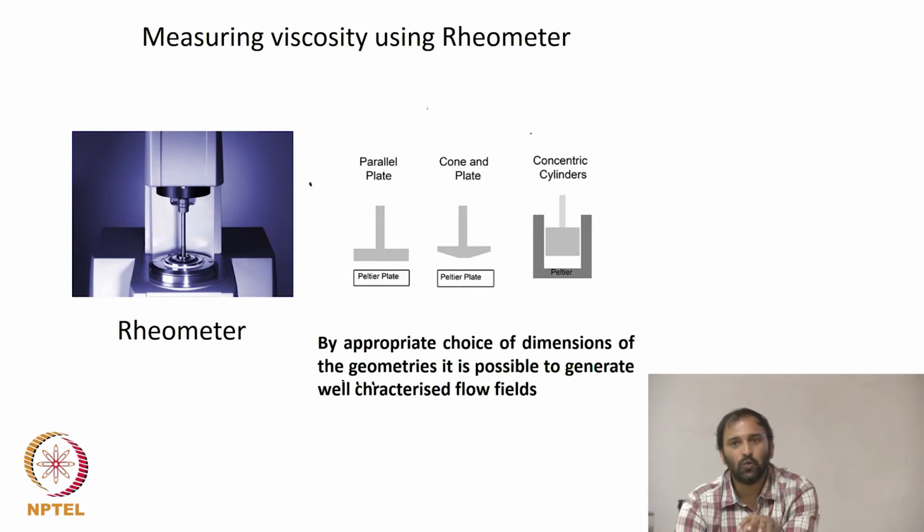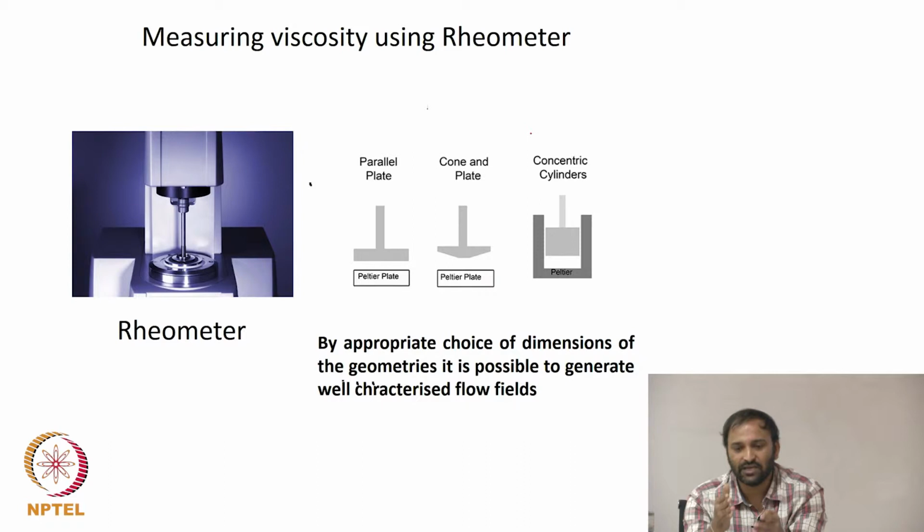Now, when you work with these geometries under specific conditions, meaning you choose geometries of appropriate dimensions, then the flow field that you generate in the fluid in the gap between these geometries is very well defined. And for one to use rheometers, that is the most important criterion.